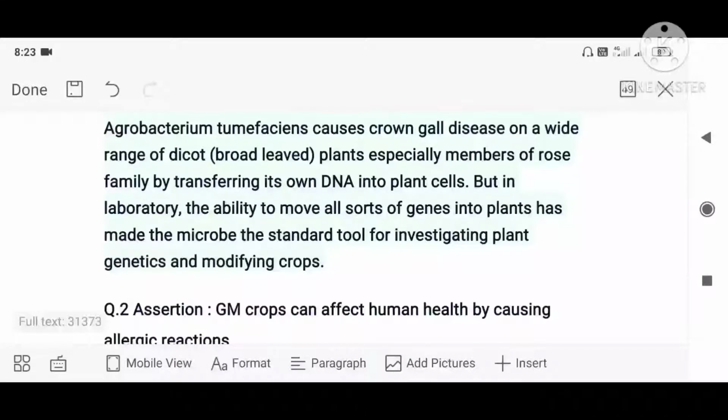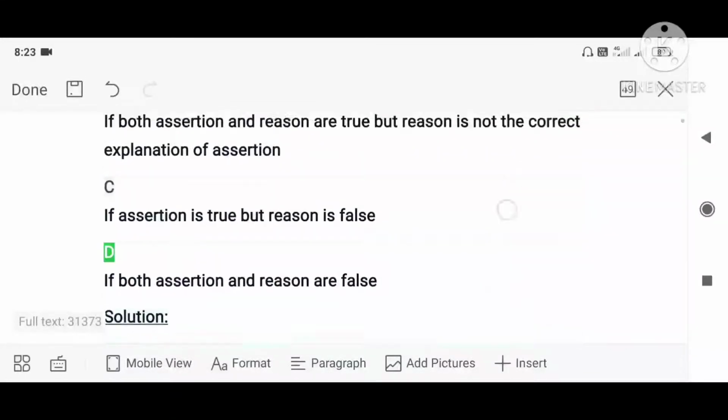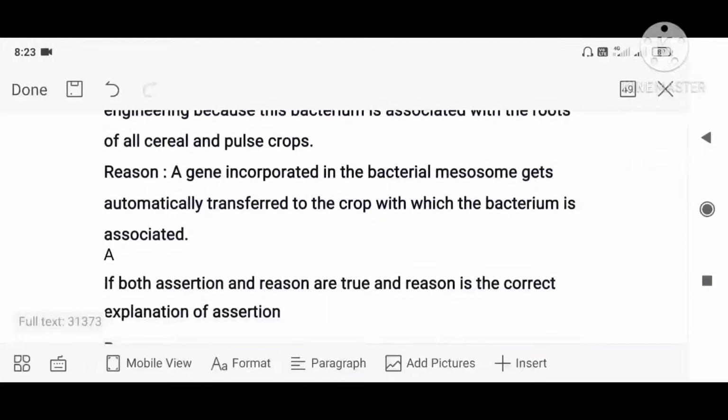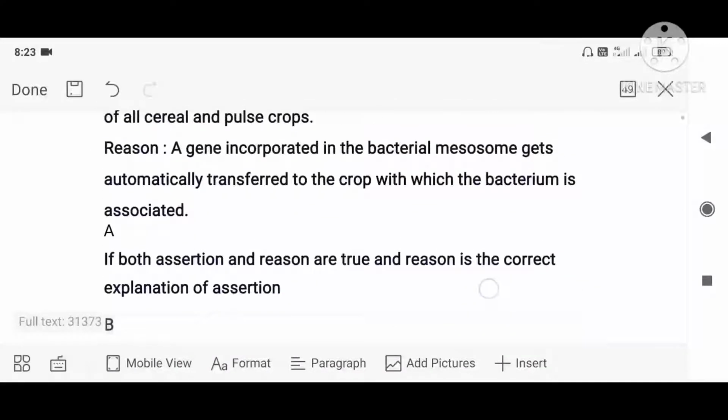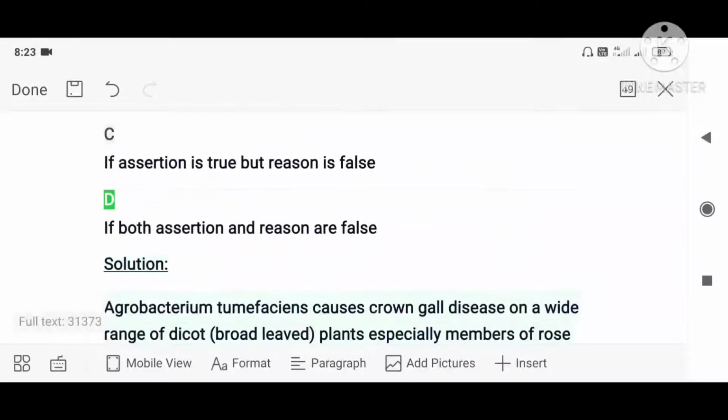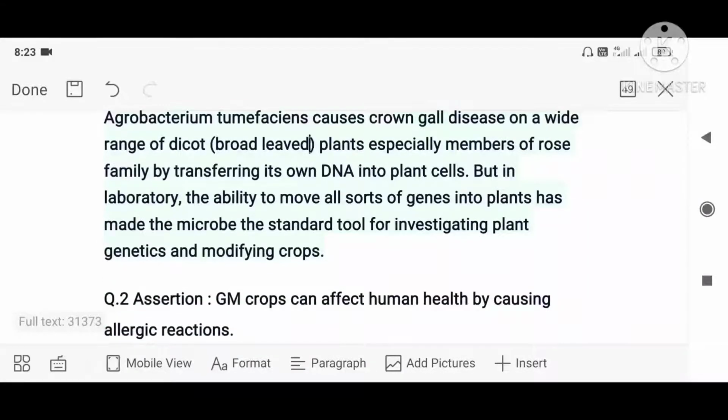The reason given, that genes introduced in the mesosome get automatically transferred, is also wrong. Where are we transferring the gene? To the plasmid, extra-chromosomal DNA. In the laboratory, we move this sort of gene into the plant, and that microbe, the bacterium, is introduced into a plant for genetic investigation.